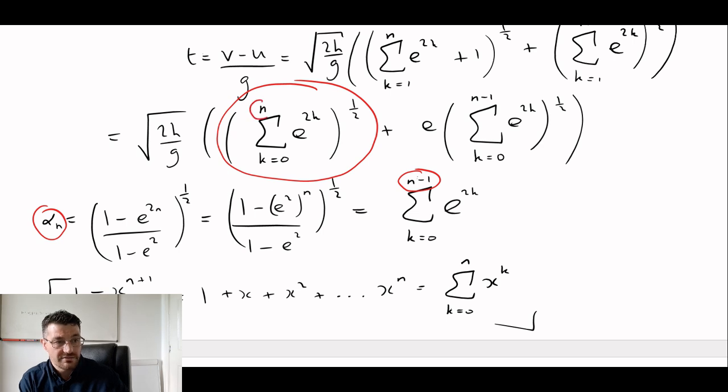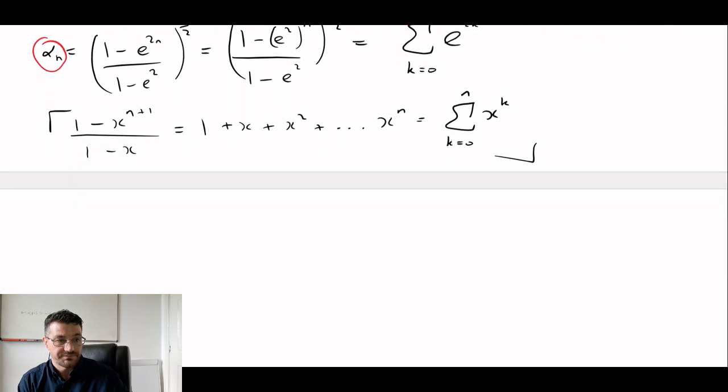Because we've got n as the upper limit of this sum, that means that this is alpha n plus 1. Right? The upper limit of the sum is 1 less than the subscript of the alpha. And therefore this one here is going to be alpha n. So here we've got alpha n plus 1. Here we've got alpha n.